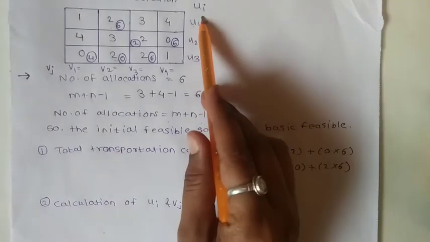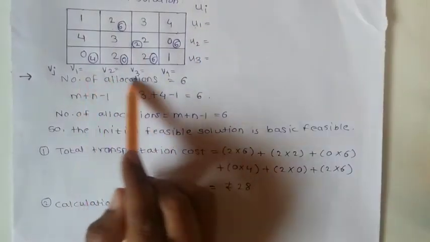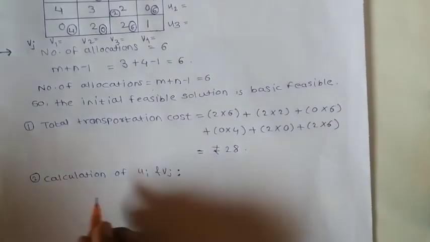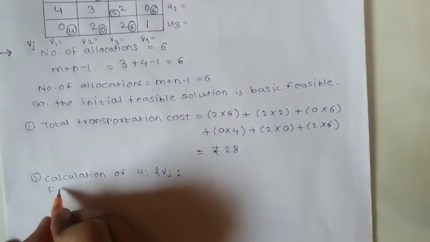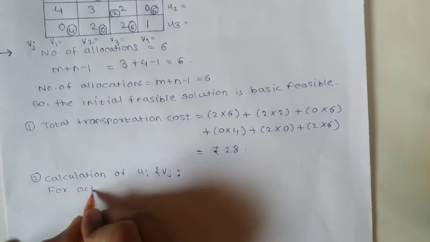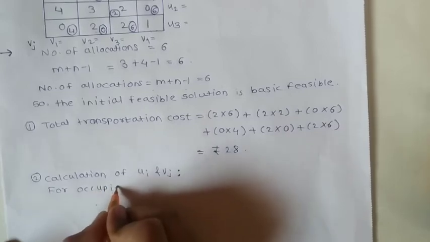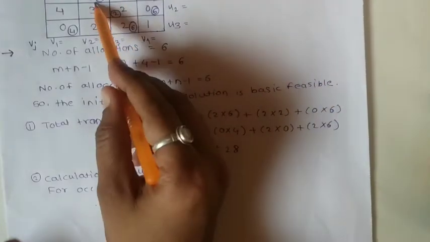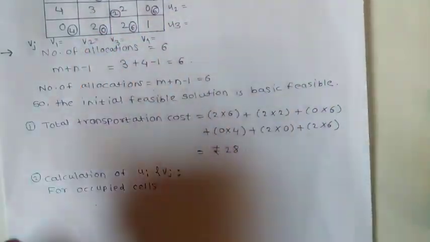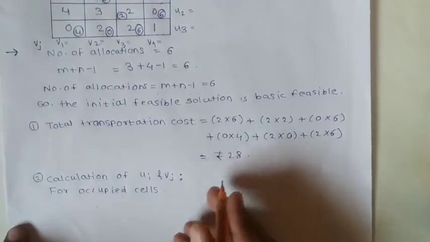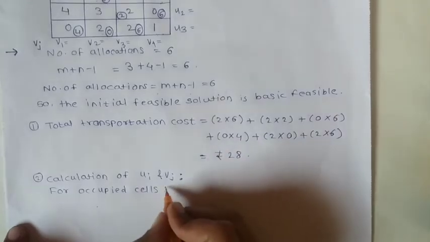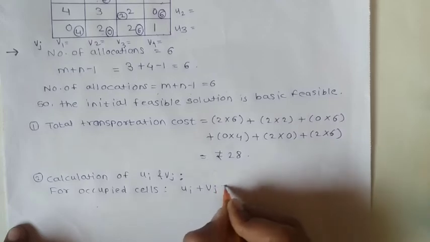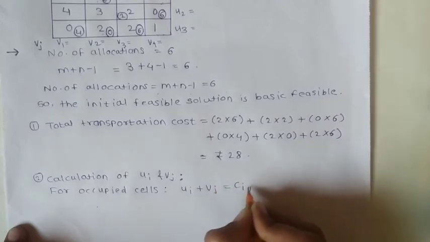Now to calculate these Ui and Vj, we only take occupied cells, that is, these allocated cells. For this we use the formula Ui plus Vj equals Cij.